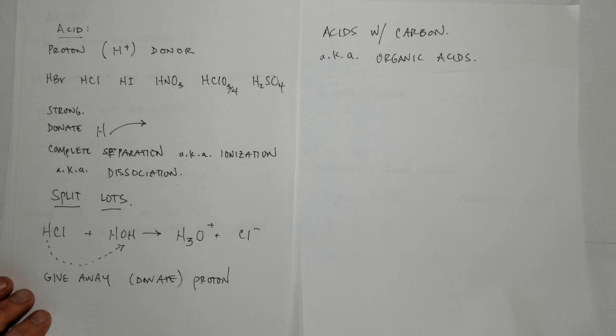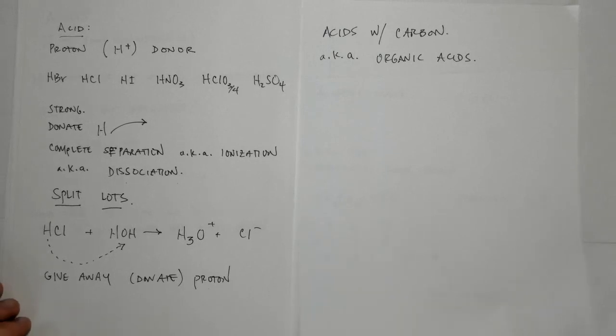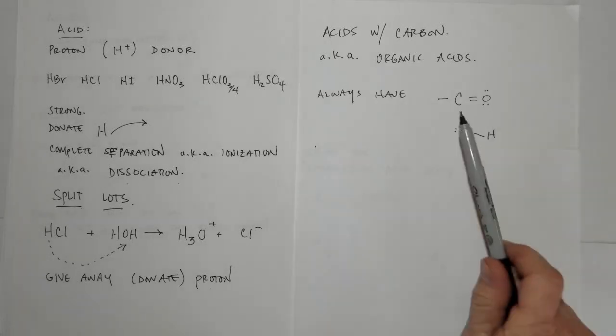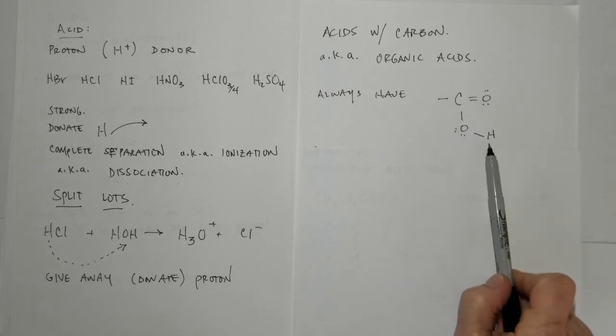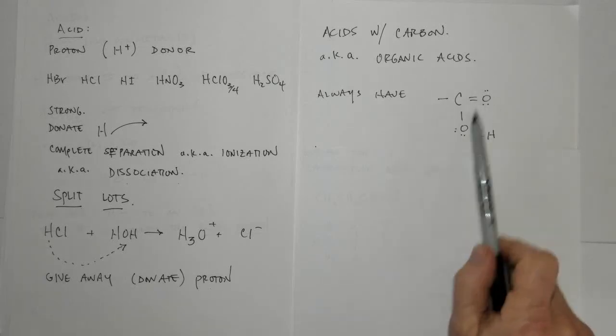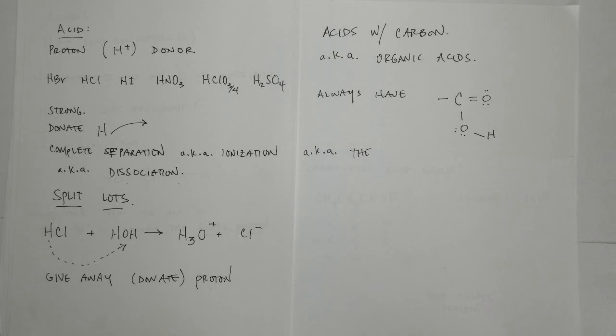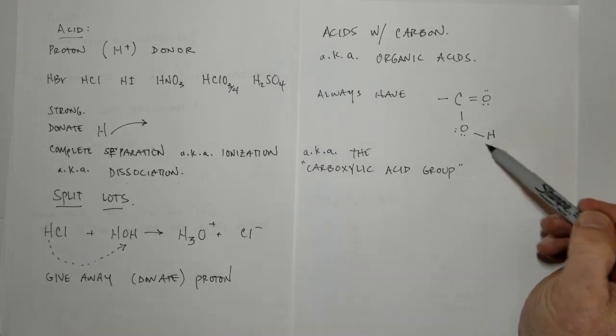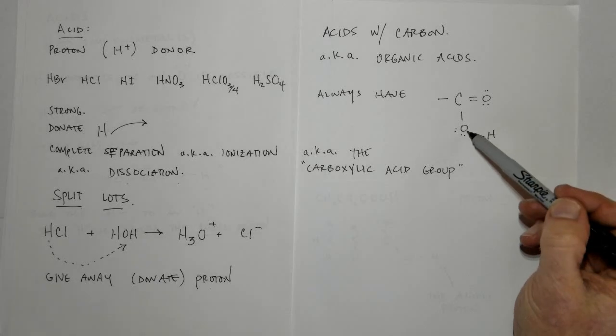Acids with carbons in them are known as organic acids lots of times, not always, but lots of times. And these organic acids, as you learned in the video cast before, always have a C double bond O, OH, COOH, or COO. The carboxylic acid group right here has the acidic hydrogen connected to the oxygen.